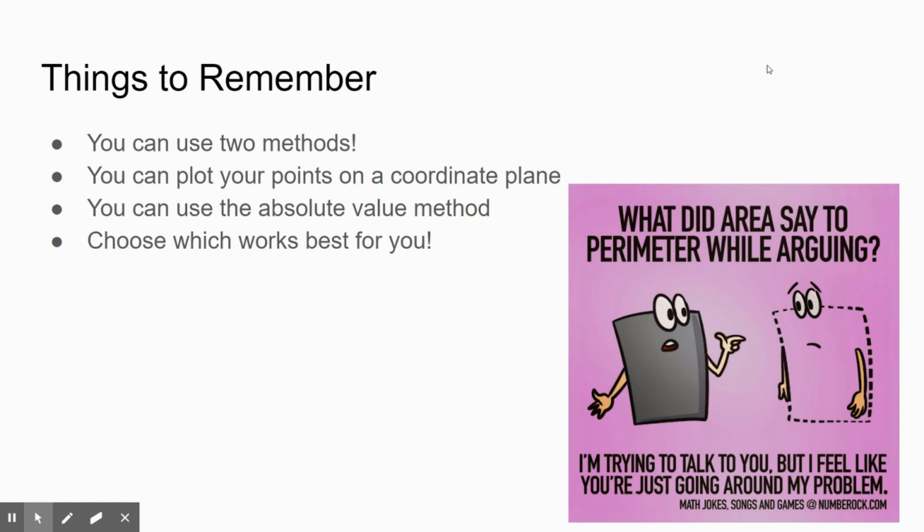That's only going to work if you have the coordinate points already, and you want to save some time by not graphing them. Make sure that your shape is a rectangle if you want to skip a couple steps, but you can use that as well if you prefer. Overall, just choose whatever works best for you. Go with that one. Sometimes you can only use one, sometimes you can only use the other one. It depends on the problem that you're working on. So pick the best one for you for the situation.